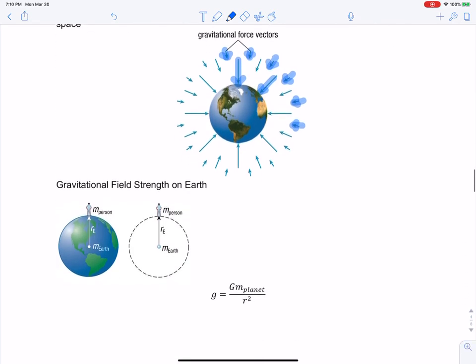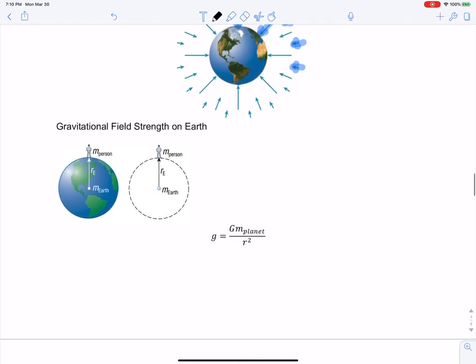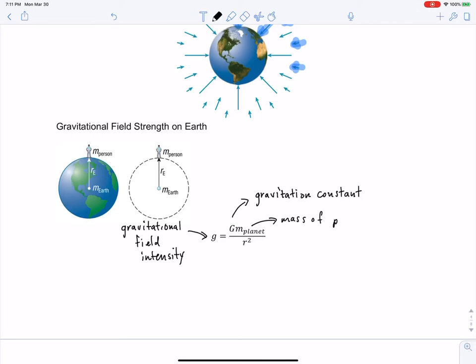In general, we can calculate the gravitational field strength on a planet by using a simplification of Newton's law of universal gravitation, where the gravitational field intensity g is equal to the gravitational constant G times the mass of the planet divided by the radius of the planet squared.